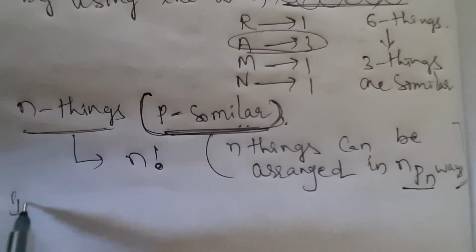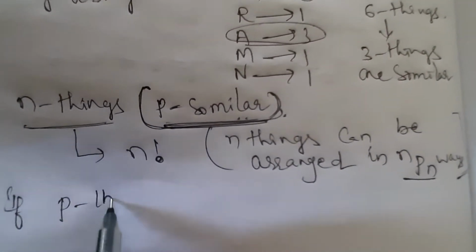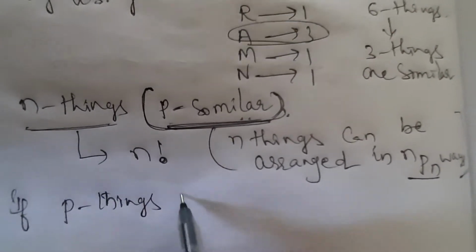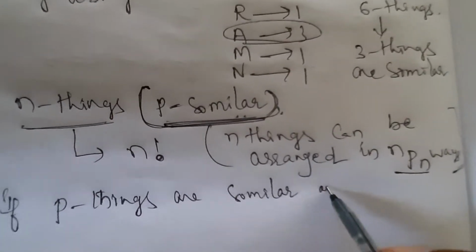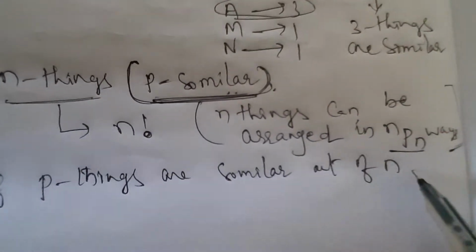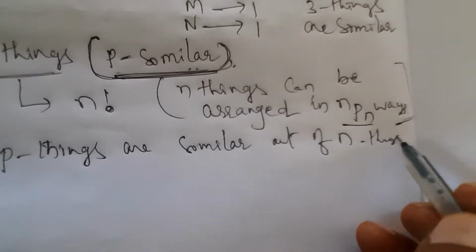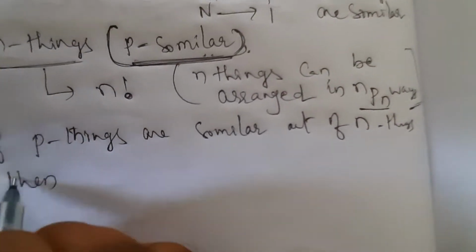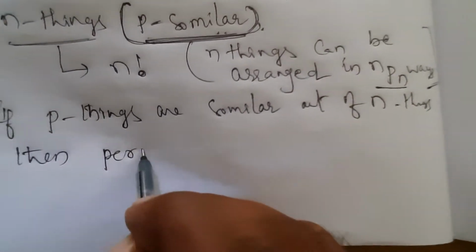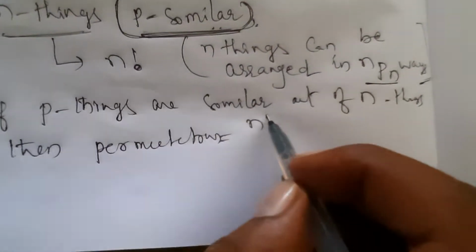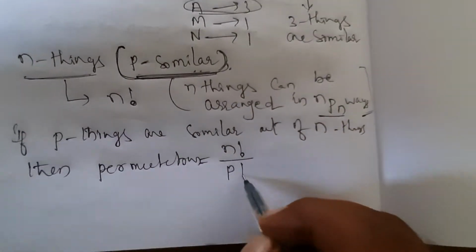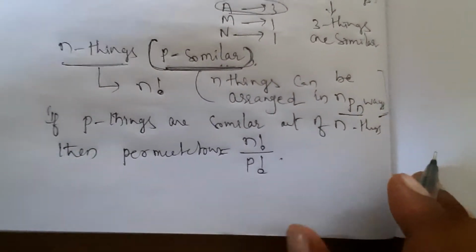Therefore, if p things are similar out of n things, then the number of permutations is given by n factorial by p factorial. This is the formula.